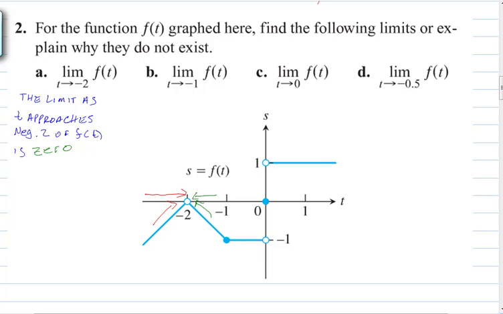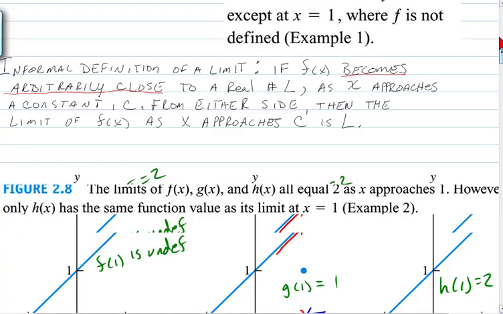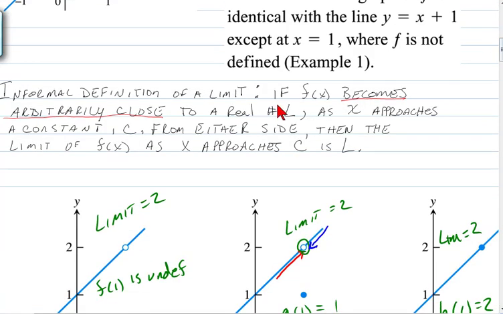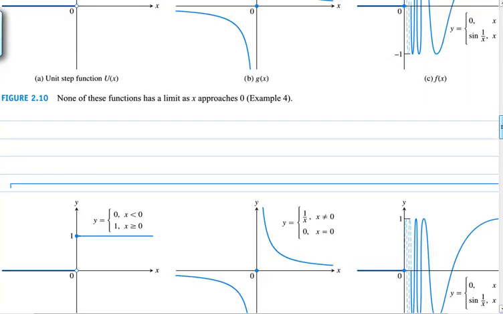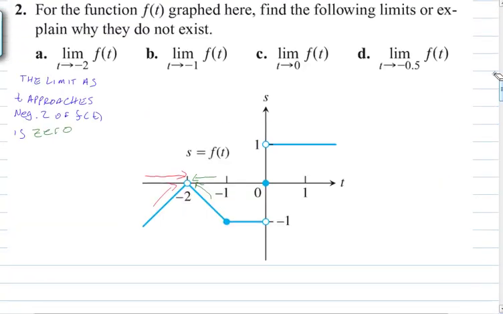Going back to the informal definition of a limit, I'm going to pull up that definition just for a second right here. It says, if the y's get really, really close to a real number, as x approaches some constant from both sides or either side, then the limit as x approaches that constant is some number L. So when we looked at this graph right here, this means the limit as t approaches negative 2 of f of t.